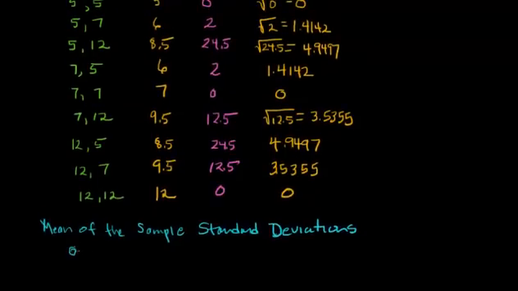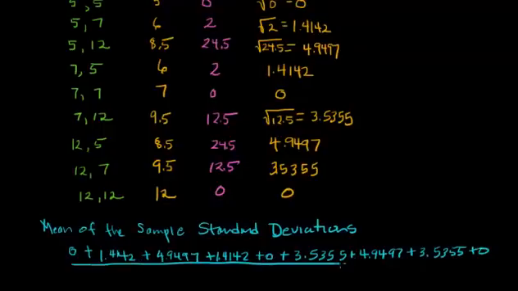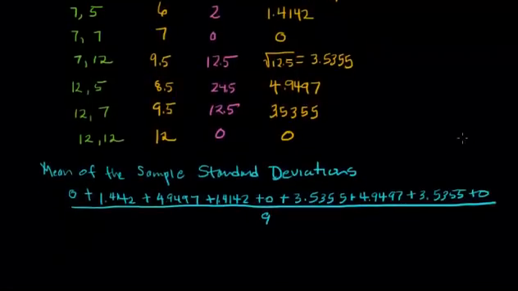So we've got 0 plus 1.4142 plus 4.9497 plus 1.4142 plus 0 plus 3.5355 plus 4.9497 plus 3.5355 plus 0, all divided by 9. And when we do that, we get 19.7988.